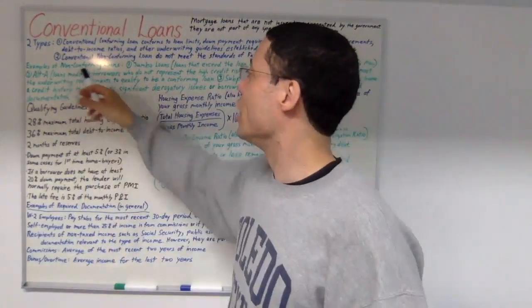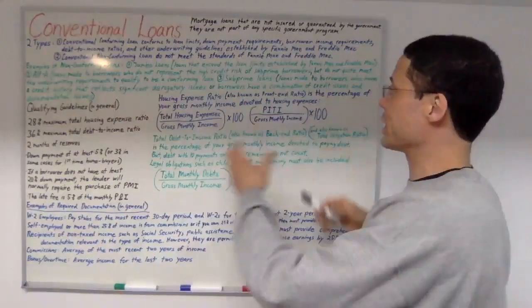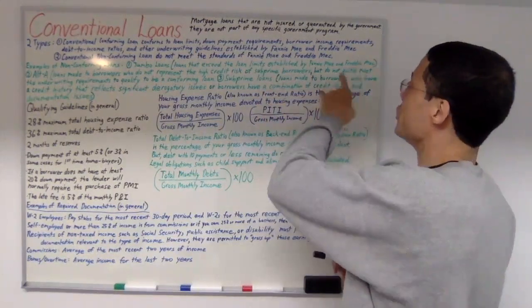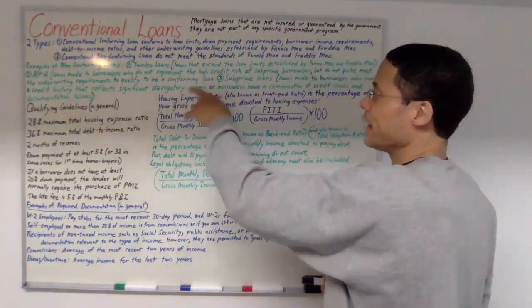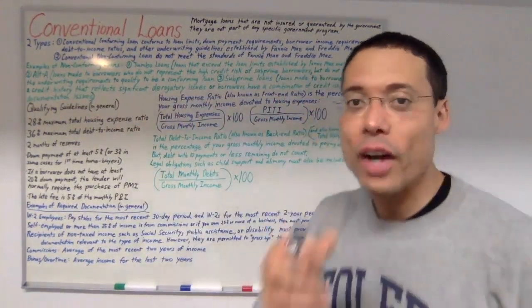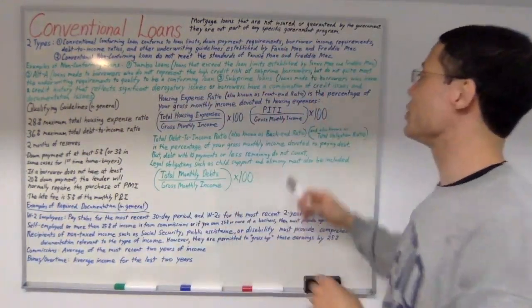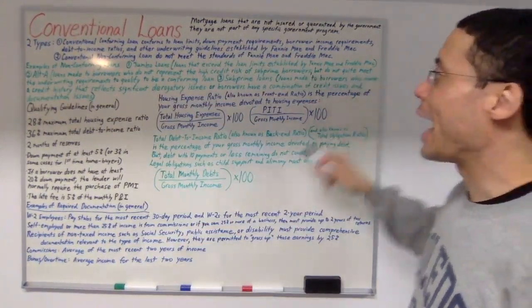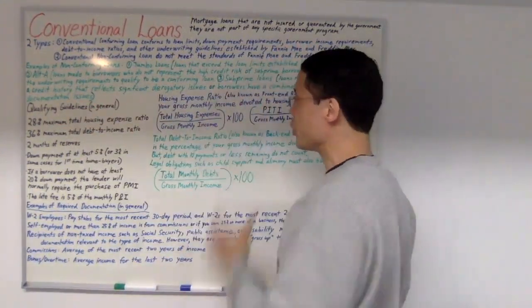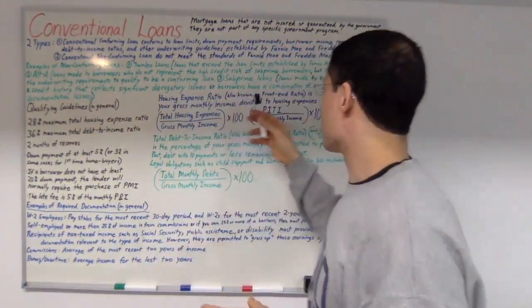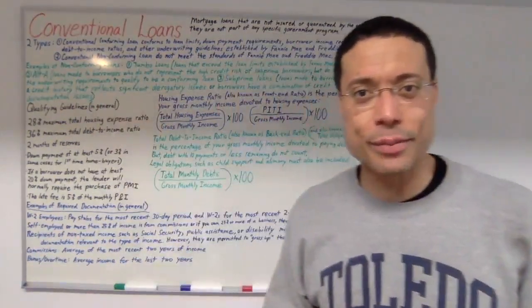Alt-A loans are loans made to borrowers who do not represent the high credit risk of subprime borrowers, but do not quite meet the underwriting requirements to qualify as a conforming loan. What are subprime loans? Subprime loans are loans made to borrowers who have a credit history that reflects significant derogatory issues, or borrowers who have a combination of credit issues and documentation issues.